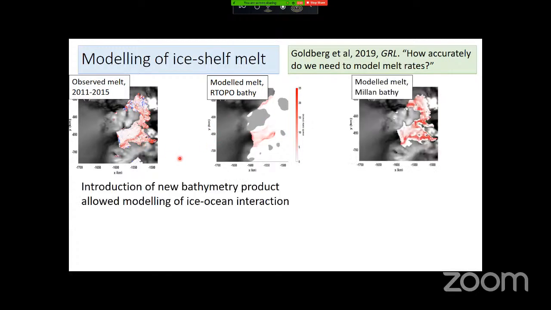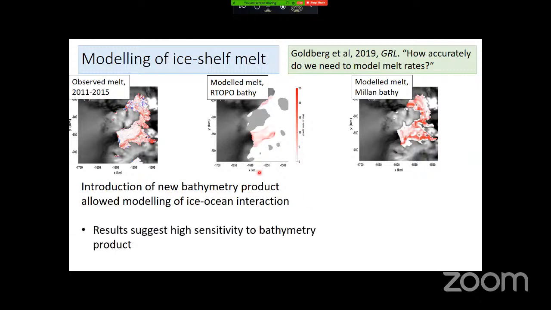When we used an aerogravity product, a product of ice shelf bathymetry developed using aerogravity, things improved a bit. There's not an exact match between this pattern and this pattern, but it looks a bit closer. And there were other things that could be done to make it look even better in certain places. The main result here was that bathymetry is very important.